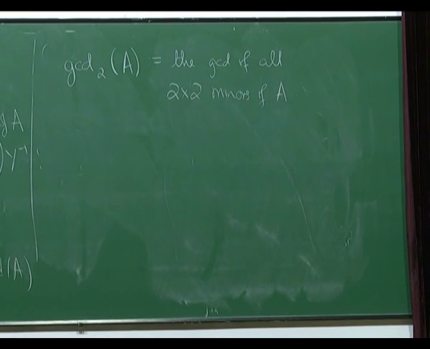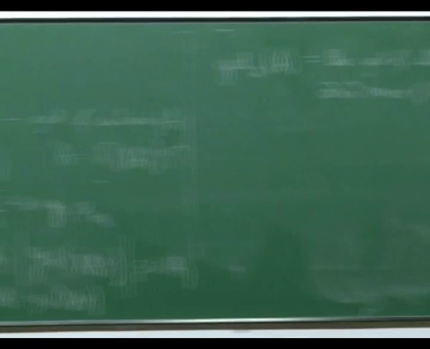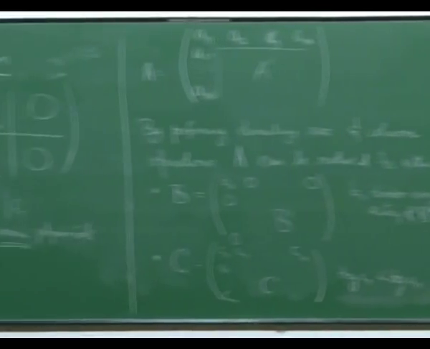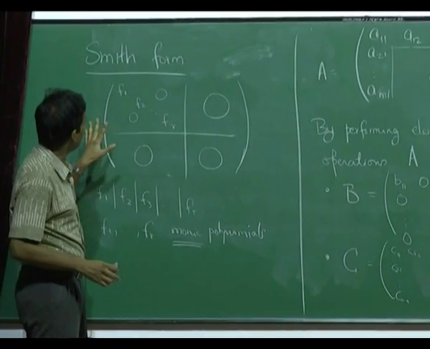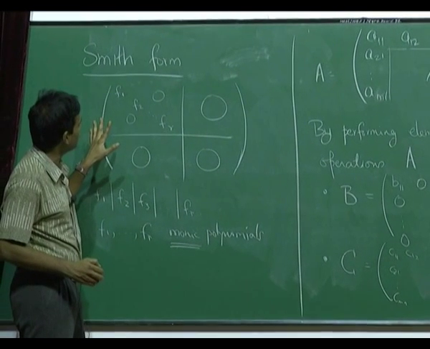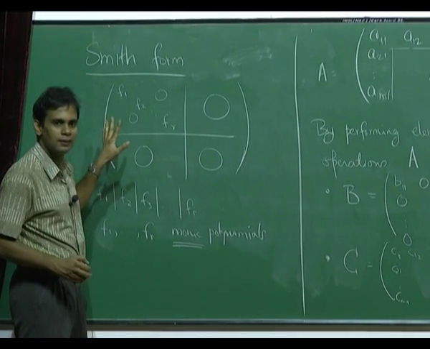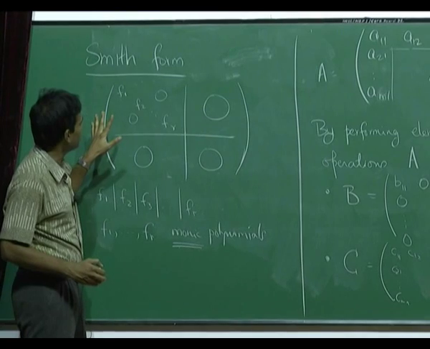What is the GCD of all 2 by 2 minors of this matrix? F1 squared is not even a minor here, right?